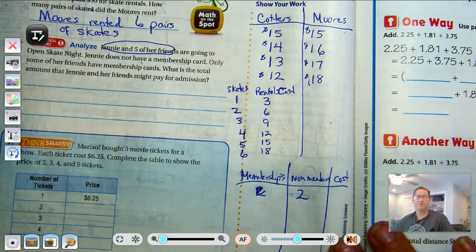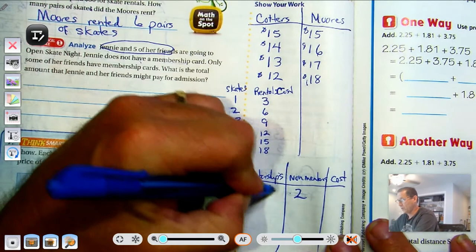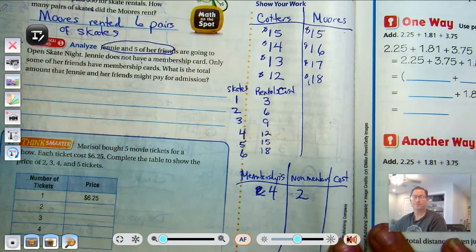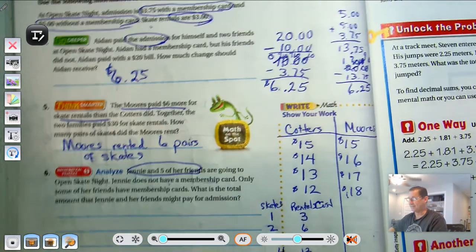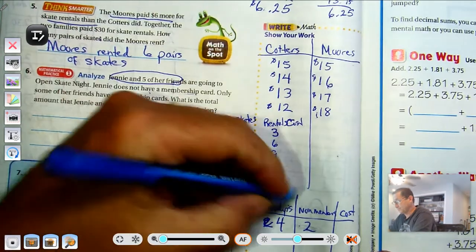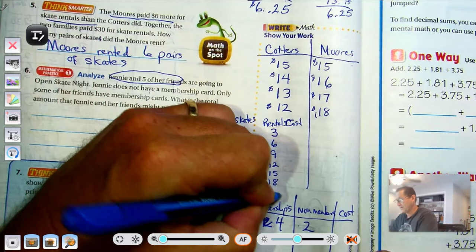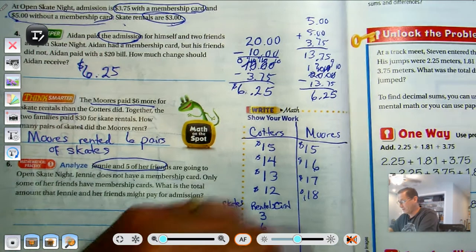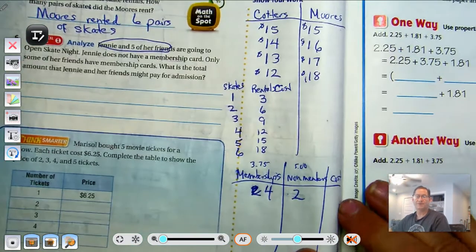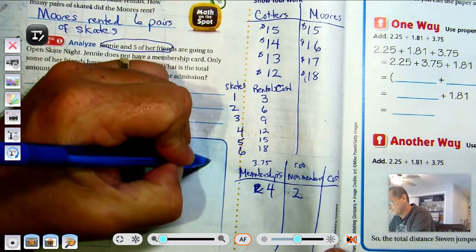All right, so 2 non members, which would give me 4 memberships. So if you remember, it costs you $3.75 for members. Non members is $5. So what's $3.75 4 times?